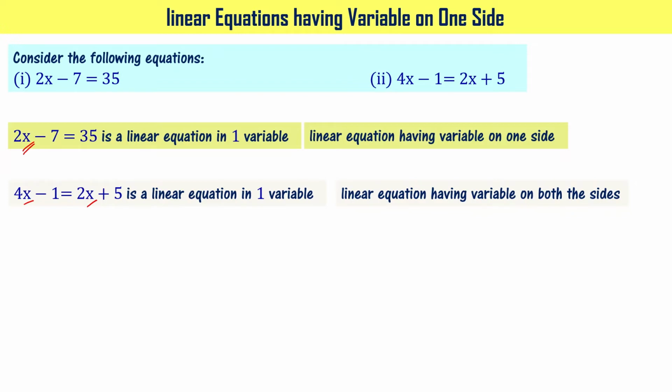In this particular section, we are going to learn how to solve the linear equations having variable on one side. We are going to solve some equations which are similar to 2x minus 7 equal to 35. I hope you got the concept. Let's solve a problem now. Solve the equation 3y plus 39 equal to 8.